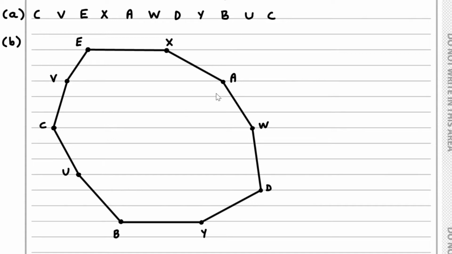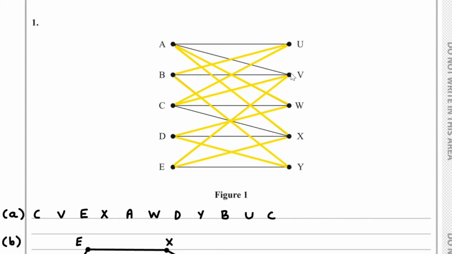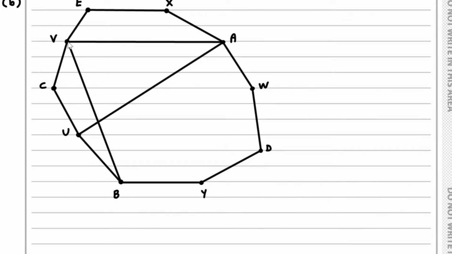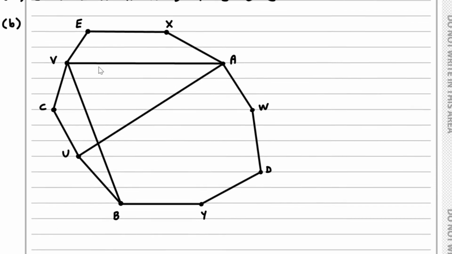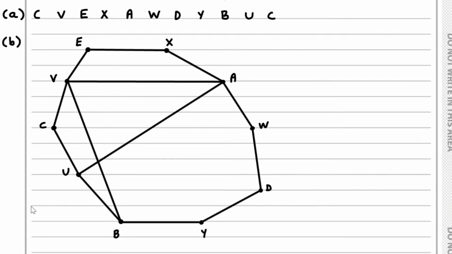A joins up with V. A would also join up with U. If we take a look at B, B is joined to V. So we join B with V. If we take a look at C, it's joined to V, and it's also joined to W, and it's also joined to X. So we've got CV, that's already shown.